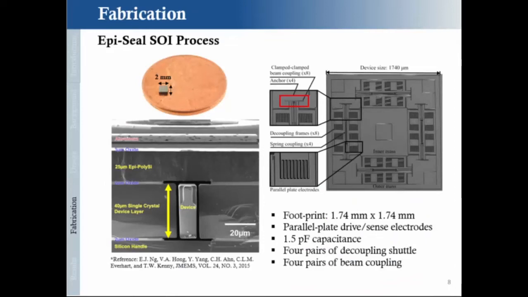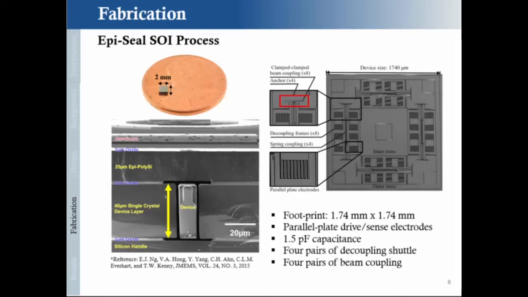We implemented this device, and this is where the collaboration with Tom Kenny comes in. We used the epitaxial process, actually a Teriyaki process, which I don't think they really published on. But the bottom line, the structures themselves are about 40 microns, and the neat part is it's vacuum sealed on the wafer level.